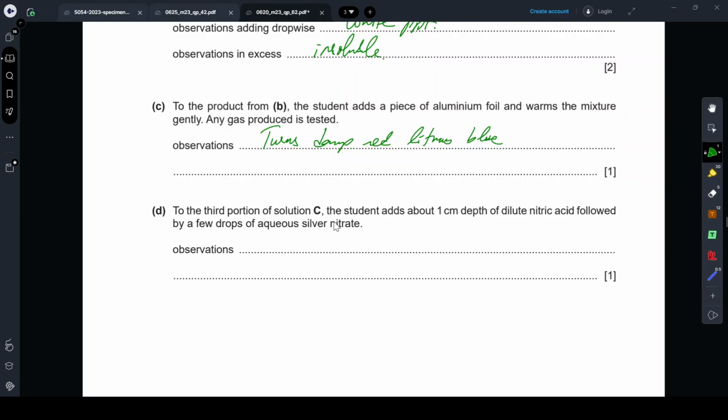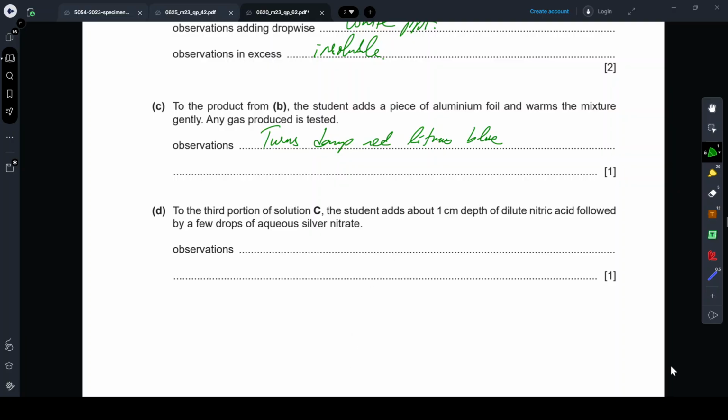To the third portion of solution C, the student adds about 1 centimeter cube depth of dilute nitric acid, followed by a few drops of aqueous silver nitrate. What's going to happen?